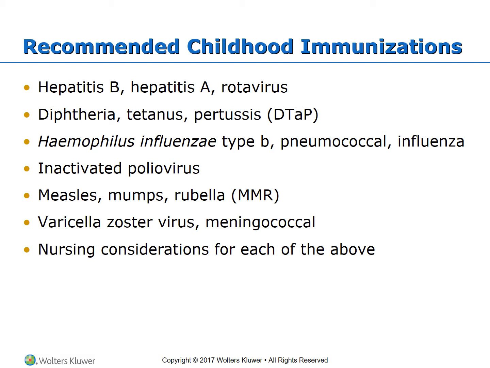Hepatitis B is typically the first immunization received by a newborn. It is spread by contact with the hepatitis B virus found in infectious blood, semen, sexually related body fluids, contaminated needles, and transmission from infected mother to newborn.